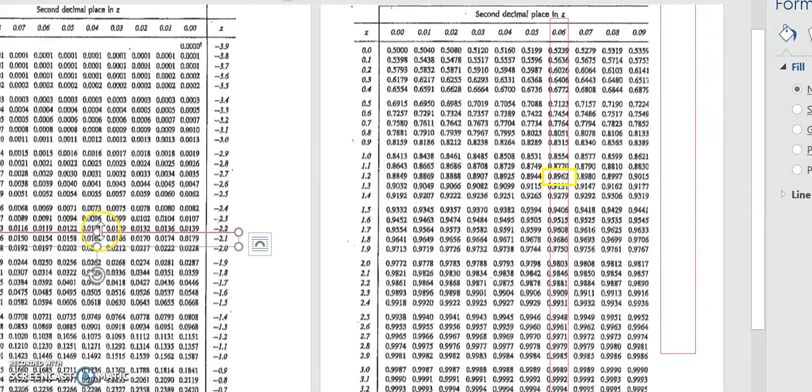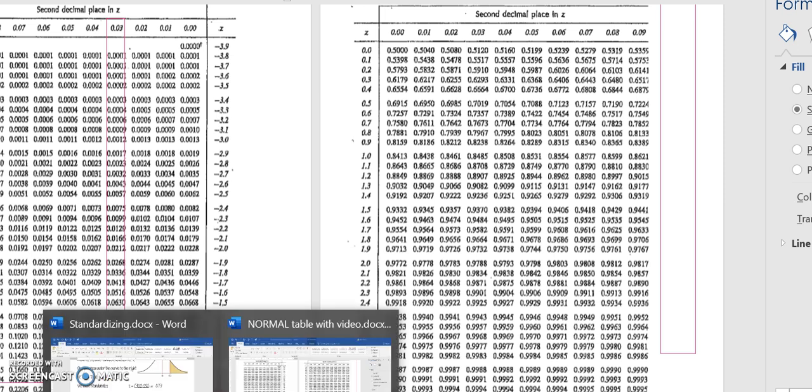So now I need to get my row highlighter down to negative 0.7, and my column highlighter needs to move to 0.03, and you could barely see it on the bottom of your screen, but it is there. The intersection of negative 0.7 and 0.03 is 0.2327.